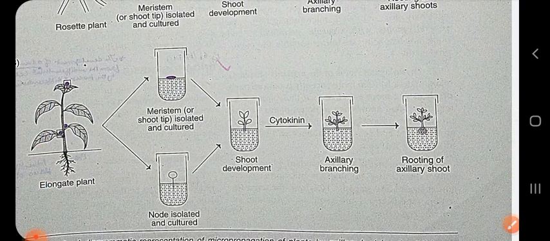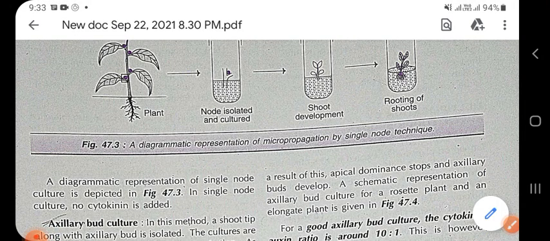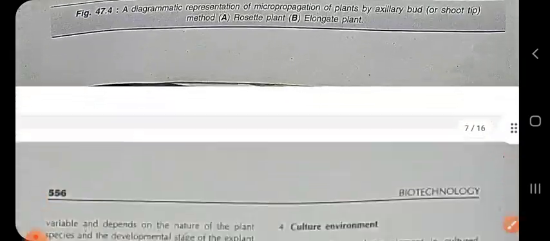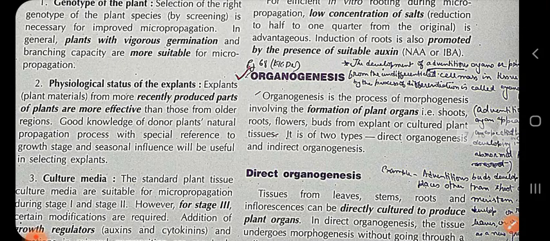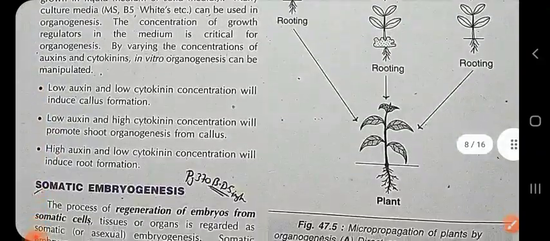This is the part of the plant where we are taking the tips as well as the axillary bud, and we go for frequent subcultures for shooting and rooting in the culture medium. So this was all about the micropropagation process. There are also two other parts which I have not mentioned, as I have run out of time: the organogenesis part, which I will do in the next video, and somatic embryogenesis.